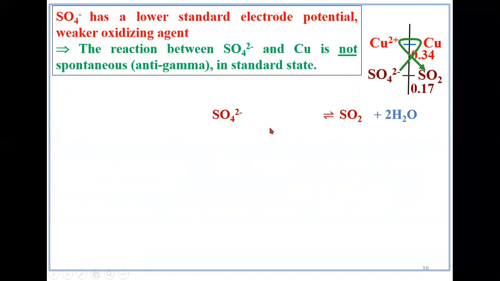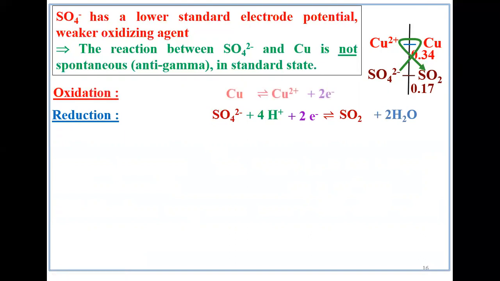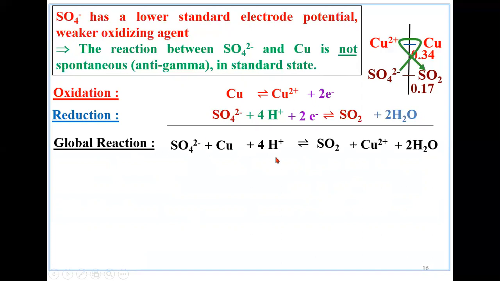Again, balance the oxygens with water. So get a balanced equation, guys. Go ahead, you do that. So here's my reduction, and my oxidation reaction is my copper becoming copper 2 plus plus 2 electrons. Add the two equations, you get a global reaction between the sulfuric acid and the copper, with an H plus.